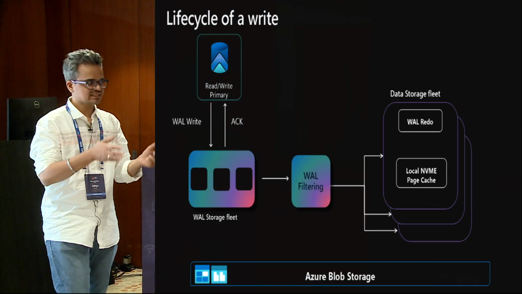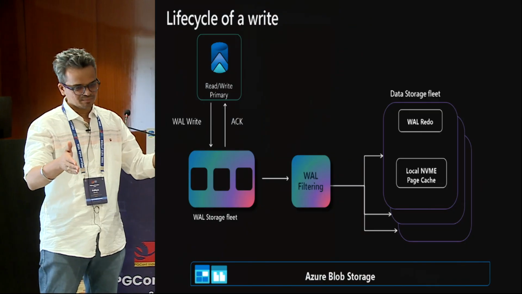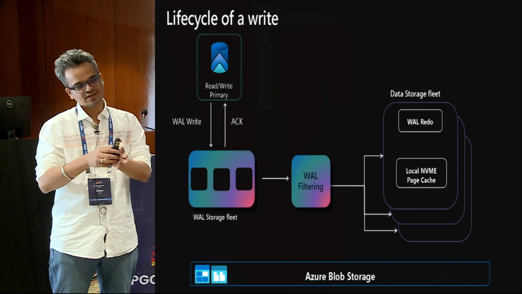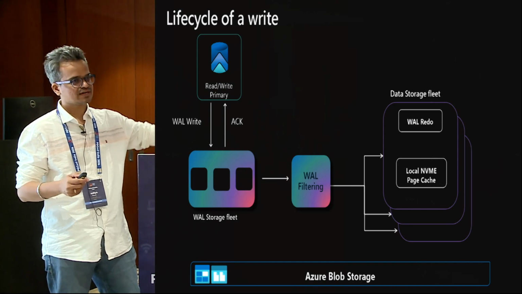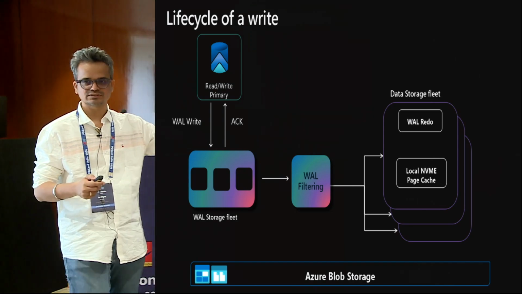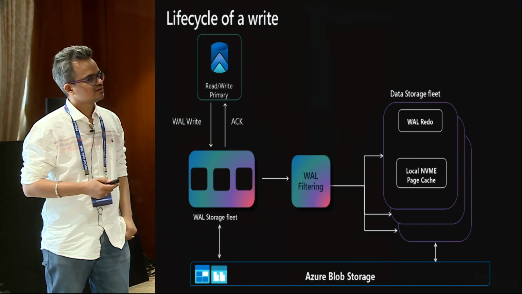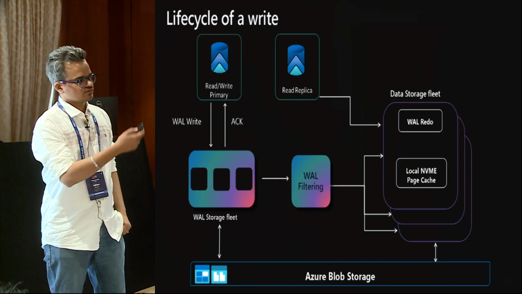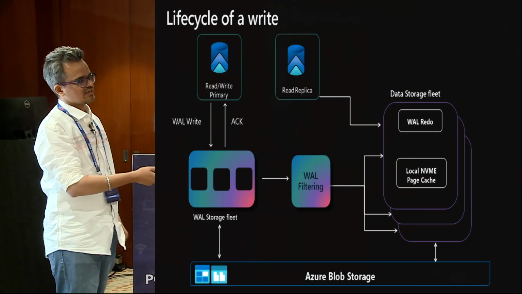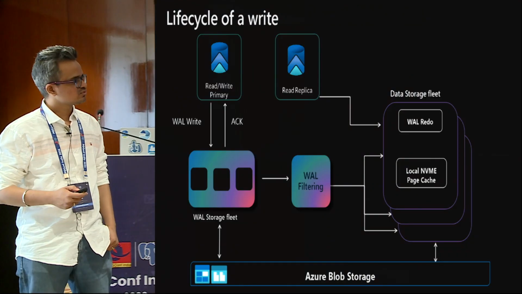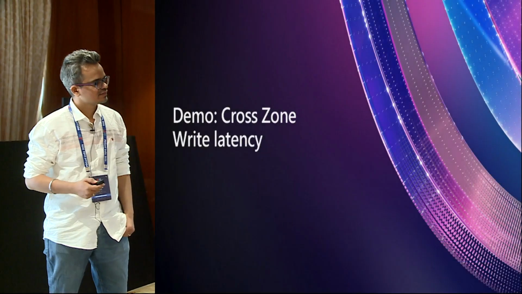It will not send the entire page set to the data storage fleet overall. That's where we are saving a lot of network IOPS. And read replicas will read from the data storage fleet to get the actual data and present it to the users.